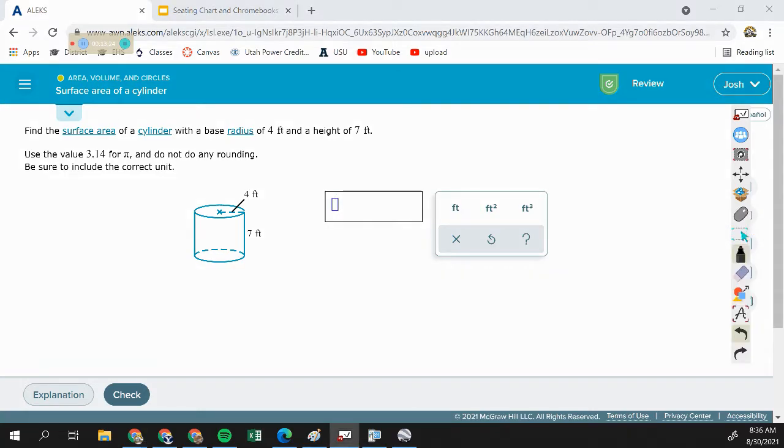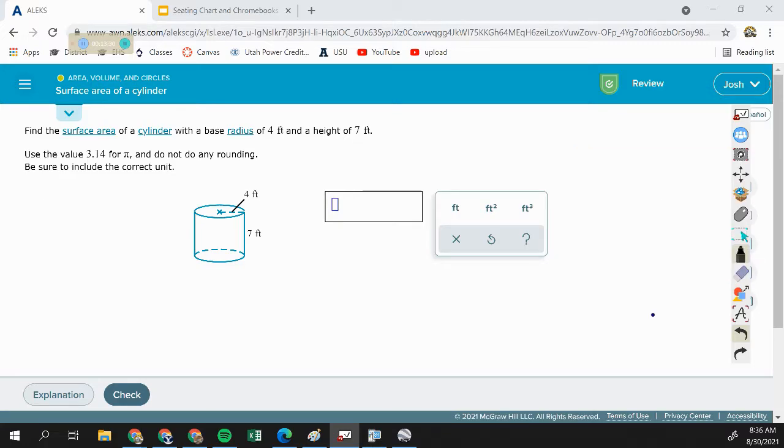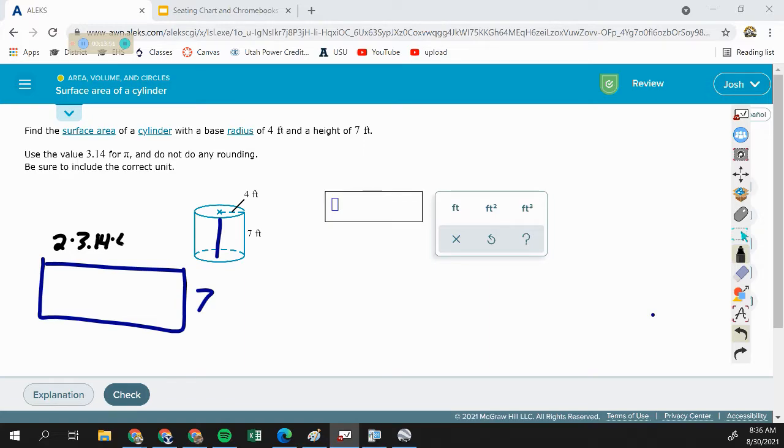Okay. Surface area of a cylinder. So we know how to do the surface area of the label. We just cut that label off, and it has a height of 7, and then the top is going to be 2 times 3.14 times 4. Right?